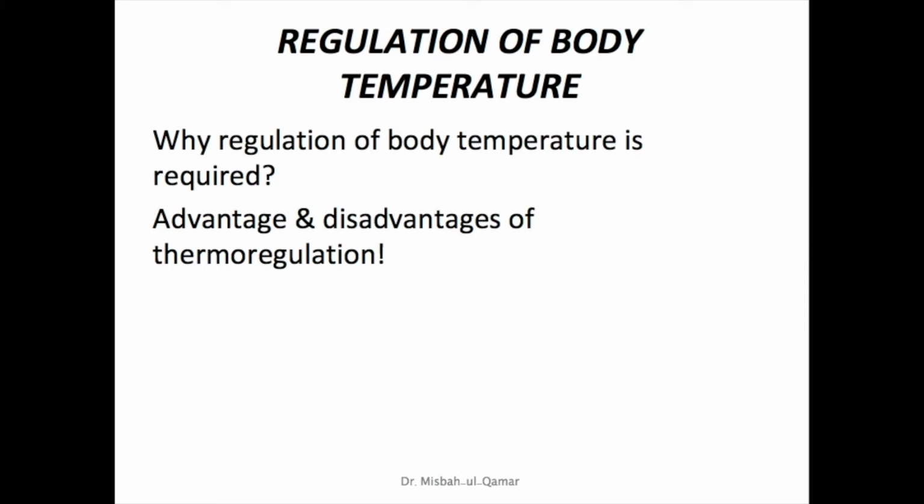And keep in mind that there is an upper and lower lethal limit for our core body temperature. The lower lethal core temperature limit is 26 degrees centigrade, while the upper lethal core temperature limit is around 43 and a half degrees centigrade.